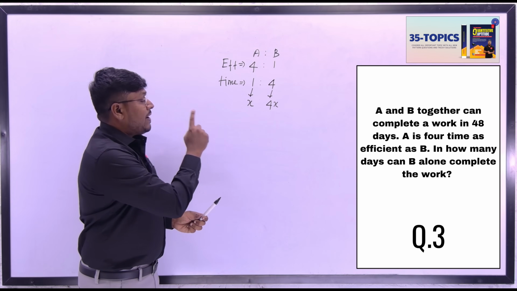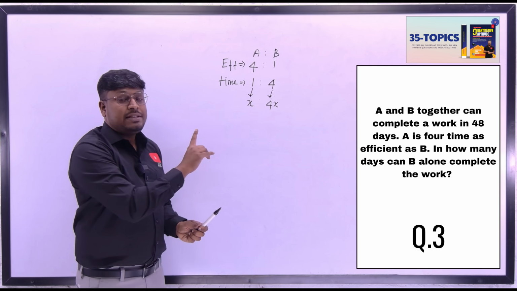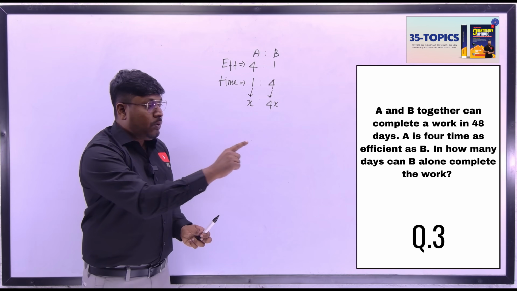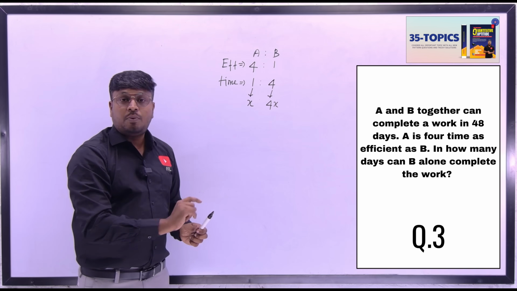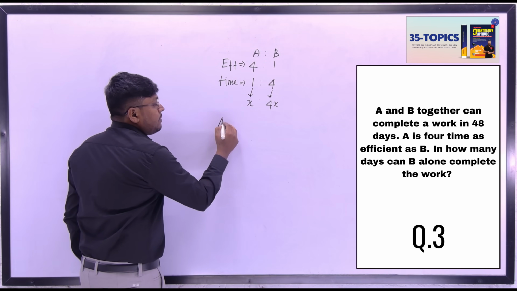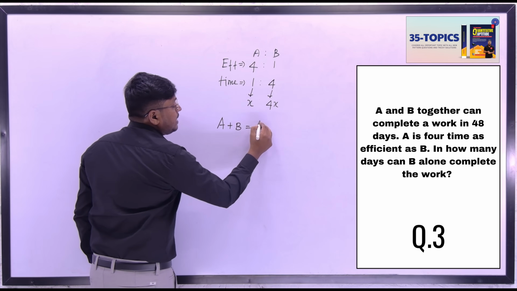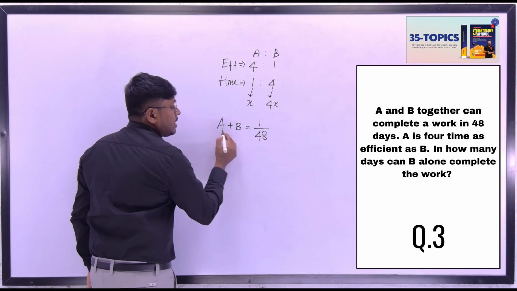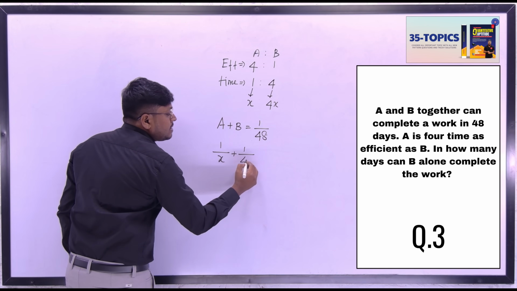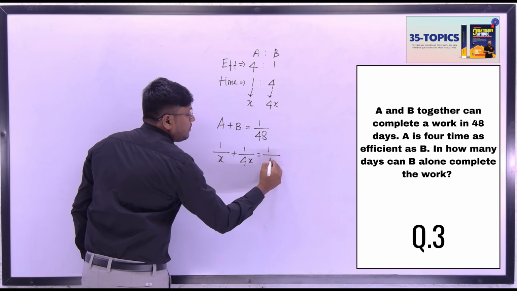So here finally we have assumed A takes x days to complete a work, B takes 4x days to complete a work. So now according to the question, if both the persons are working, they will take 48 days to complete a work. So A, how many days? x days, 1 by x. B, how many days? 4x, 1 by 4x, is equal to 1 by 48.